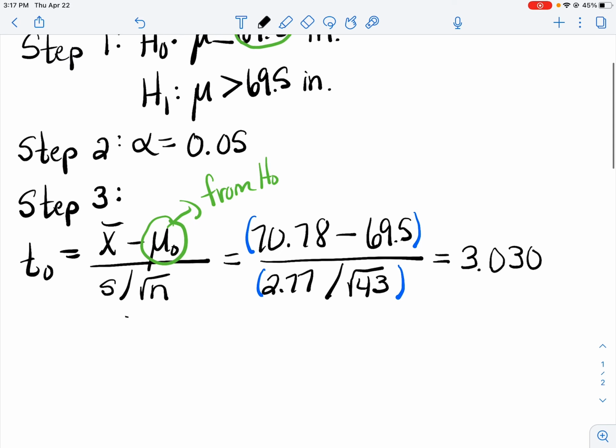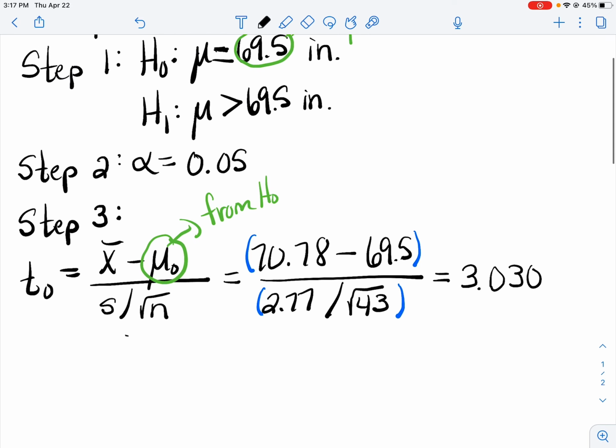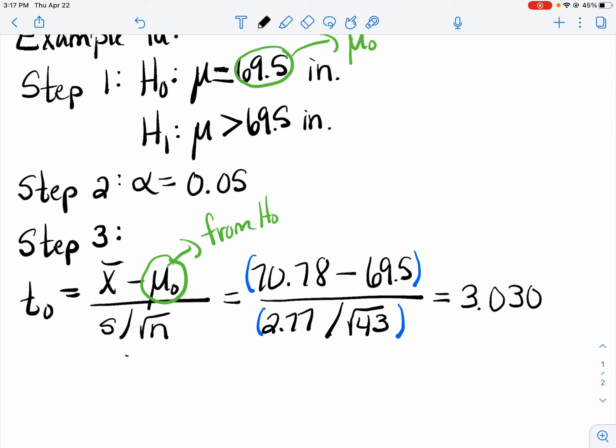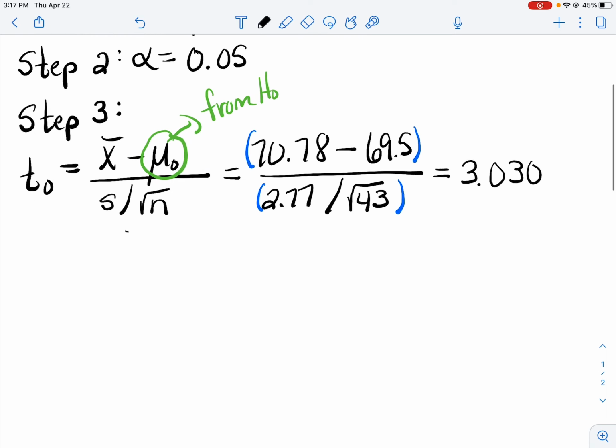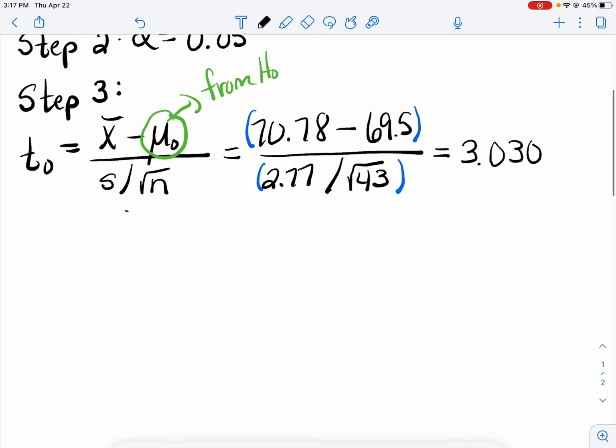This particular test is a right-tailed test. I know it's a right-tailed test because of the greater than in my alternative hypothesis. I'm going to go to table 7 here in just a second. Now with table 7, I need to know two things.